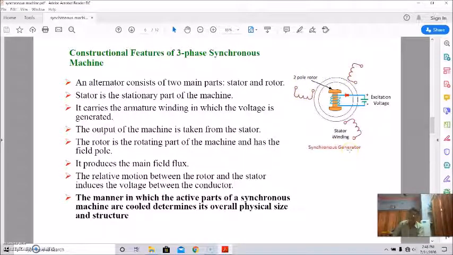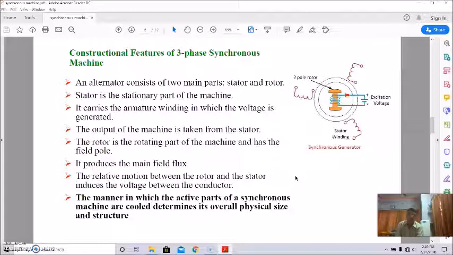An alternator consists of two main parts, the stator and the rotor. The stator is the stationary part of the machine, and it carries the armature winding in which the voltage is generated, and the output of the machine is taken from the stator. The rotor is the rotating part of the machine and has the field winding. It produces the main field flux, and the relative motion between the rotor and the stator induces the voltage in the conductors.